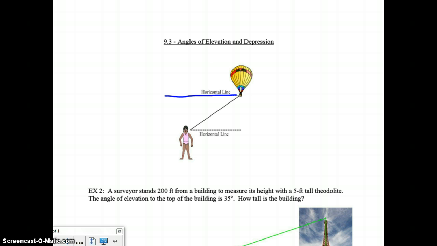If we're given two horizontal lines, these horizontal lines are going to be parallel to each other. And then we have this line of sight here, which is a transversal. And so they make an angle of depression.